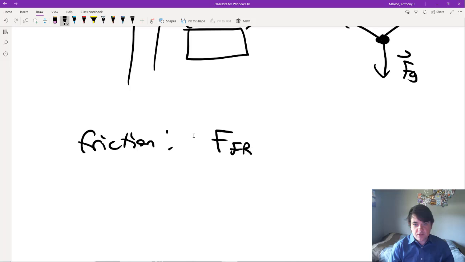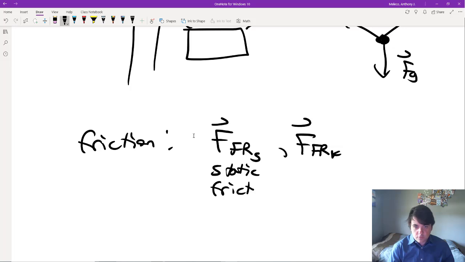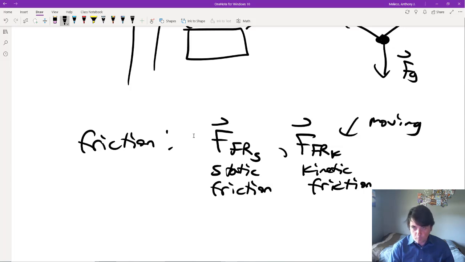Here's how you abbreviate friction: there's static friction, and there is kinetic friction, for if an object is moving with kinetics, or if it's not moving.